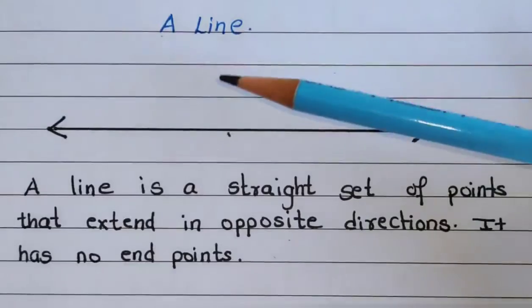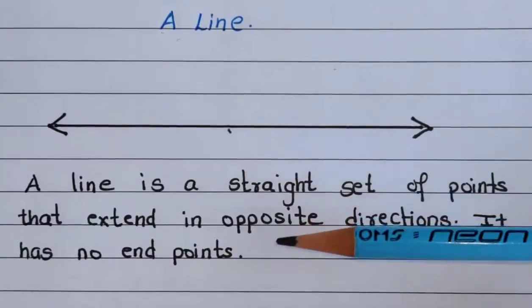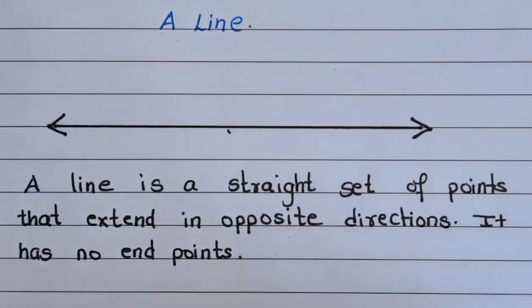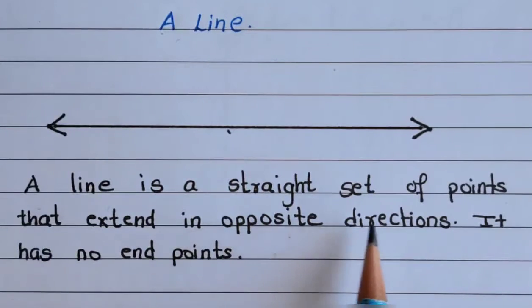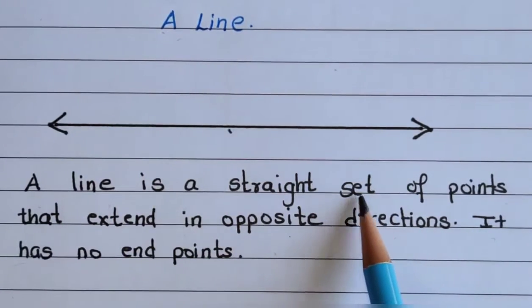Okay students, the first topic is a line. Now what is a line? Here is a definite definition for the line. A line is a straight set of points that extend in opposite direction. It has no endpoints. Now as you can see, this is a line, but why is it said to be a set of points?